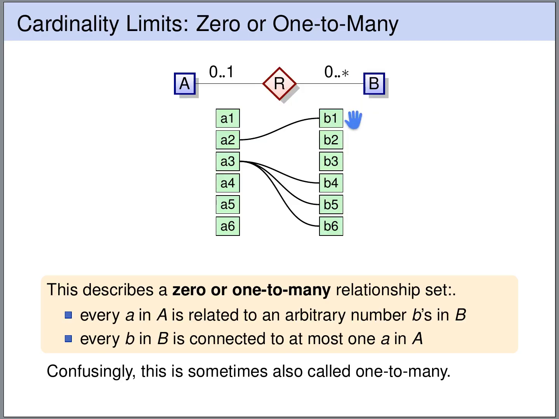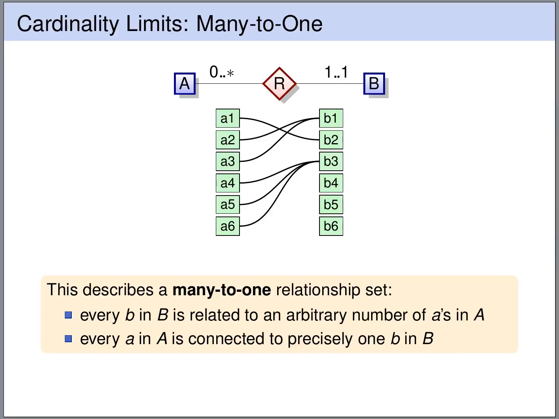So every B is related to at most 1 A. Let's have a look. B1 is related to 1 A, B2 to 0, B3 to 0, B4 to 1, B5 to 1, and so on. So this is a 0-or-1 to many relation. Confusingly, in the literature and on the web, this is often also called a 1-to-many relation.